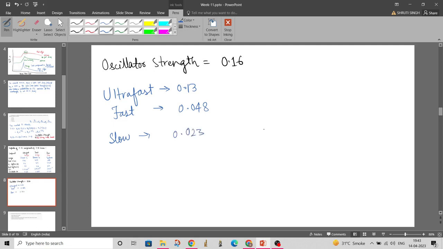So when you sum the ultrafast and the fast, it will come approximately at 0.16. So the absorbance band consists of the fast and the ultrafast components.